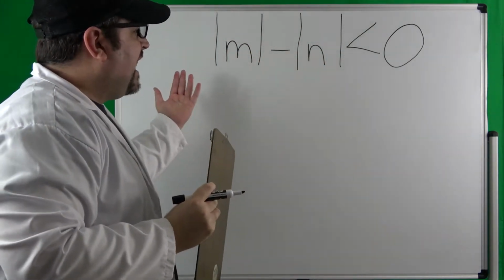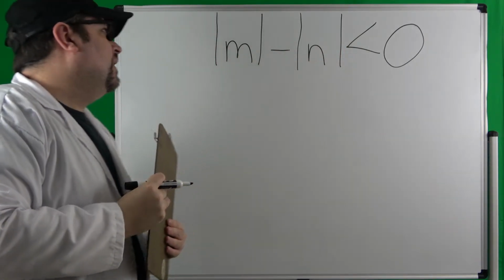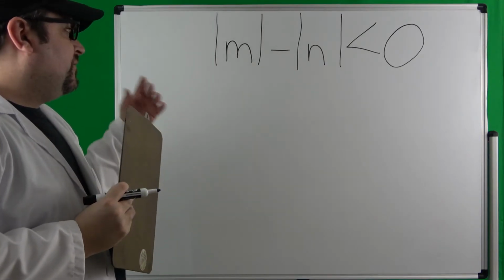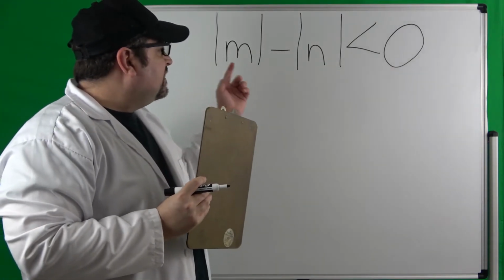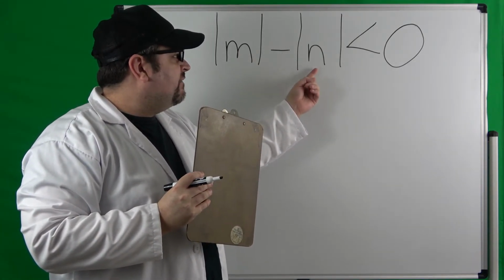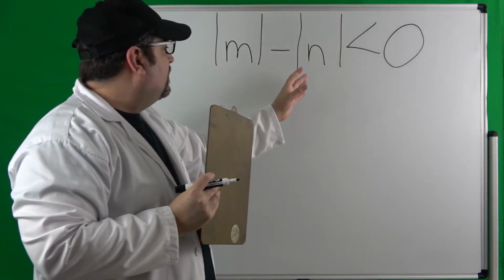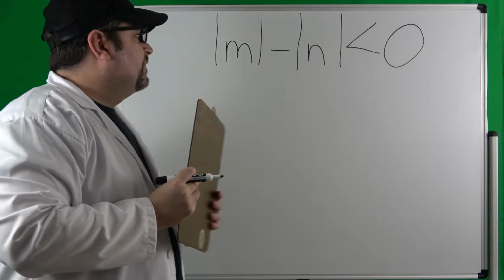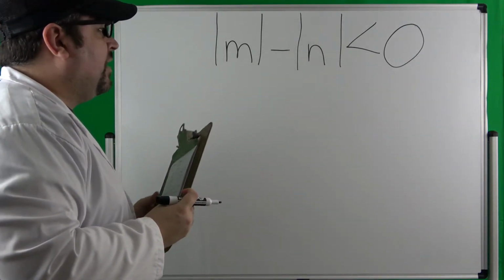So if you just look at it, it's pretty simple, right? If that is going to be less than 0, well, after taking the absolute value, we're going to need the n value, the digit of it, to be higher than the m value, regardless of which sign it is, because they're both going to be turned positive, right?